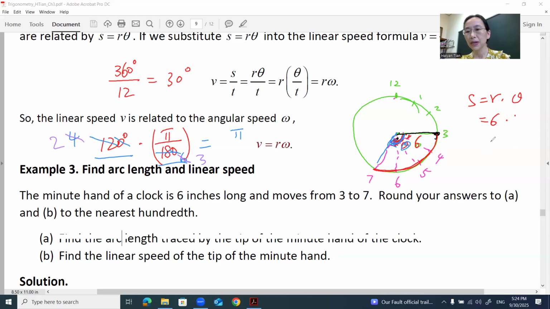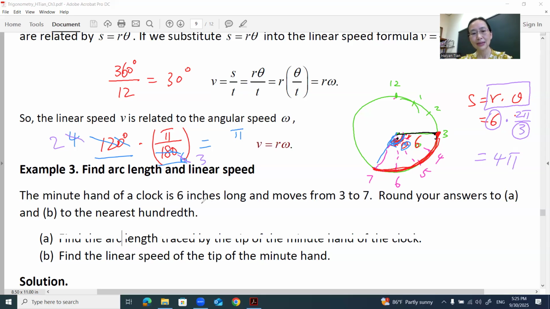Okay. So 2/3 pi for the theta. Now we're using this formula correctly because it's radius times theta in radians. And then the final answer will be, if we see that 3 and 6 can cancel, 6 over 3 is 2, right? Twice of 2 pi is 4 pi. So this arc length traveled by the tip of the minute hand, this right portion, is just 4 pi.